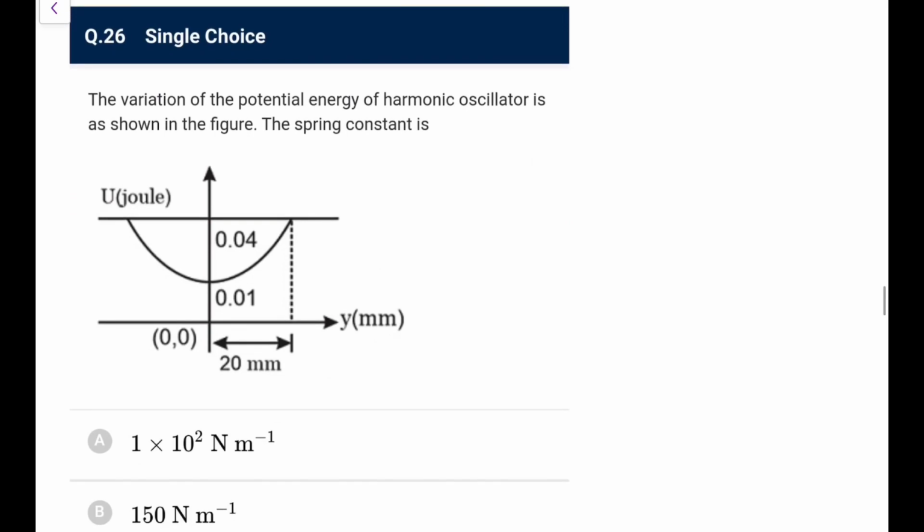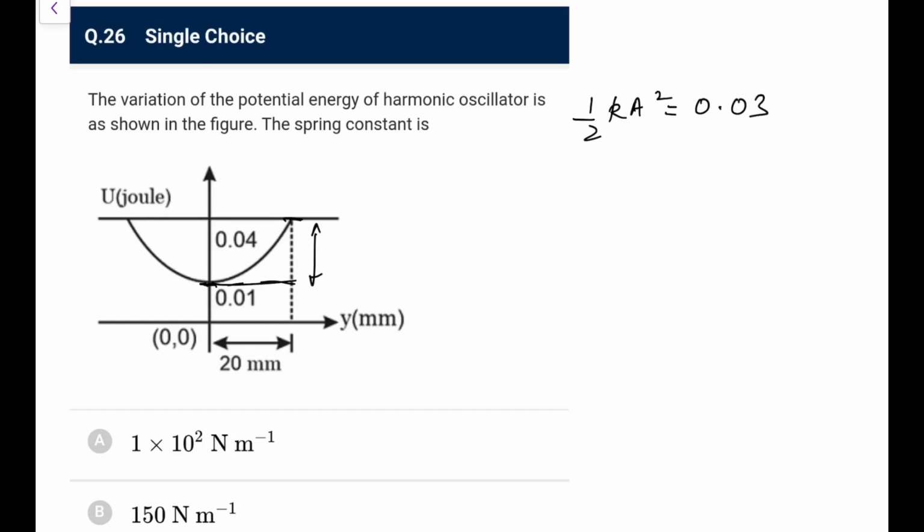The variation of the potential energy of a harmonic oscillator is as shown. The spring constant would be? So potential energy is given like this. So it is a minimum at this point that is given to you. So what we have, this is change in energy. This change in energy, that is what you write as energy of the oscillation, half k a square, won't be 0.04, would be 0.03, because that is the change that is happening.